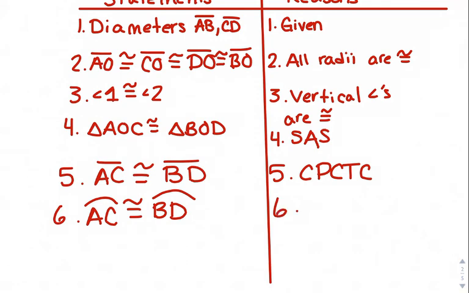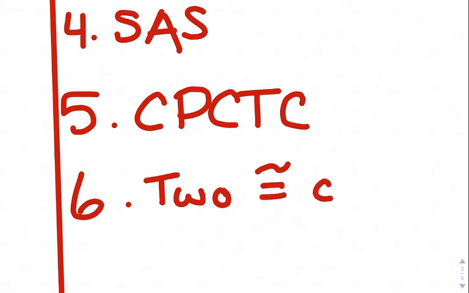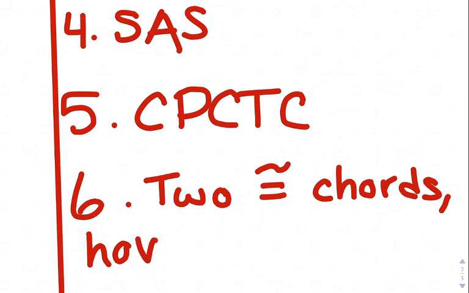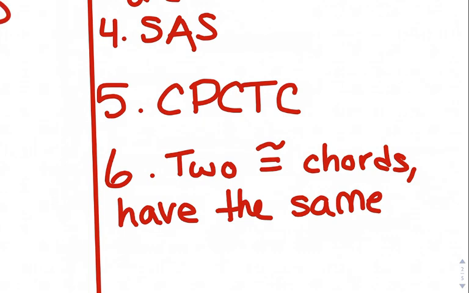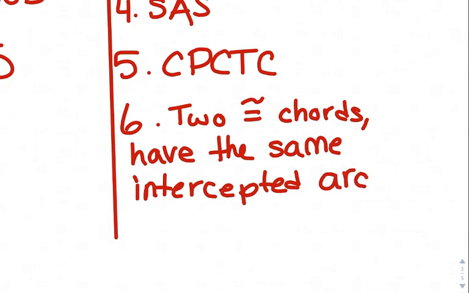We could write that out, or you can use the congruent chords and arcs theorem. So I'm going to say two congruent chords have the same intercepted arc measure.